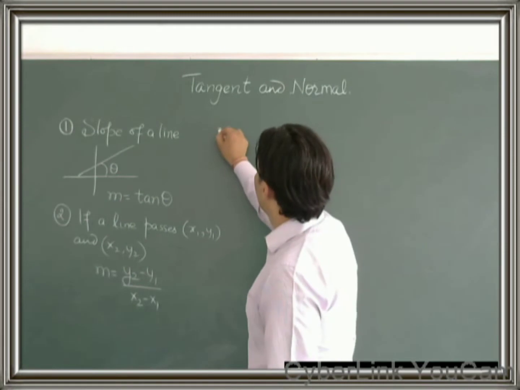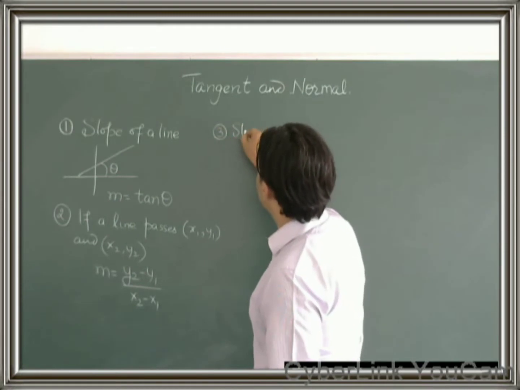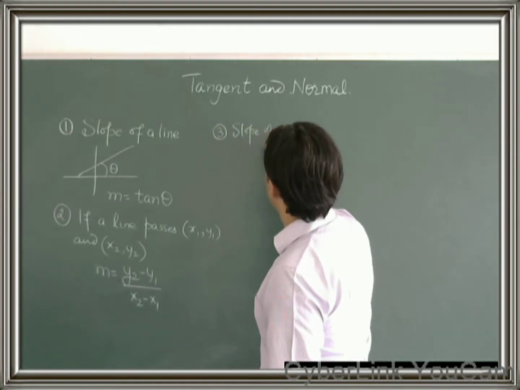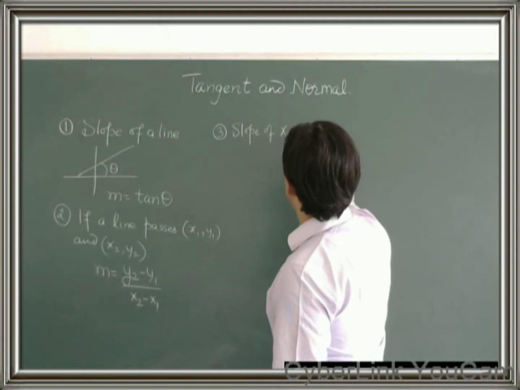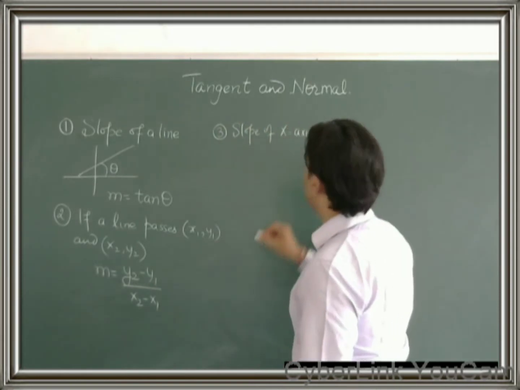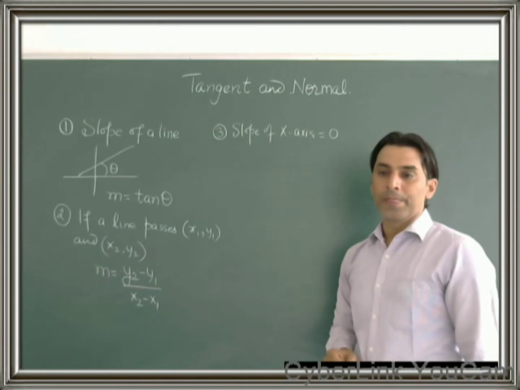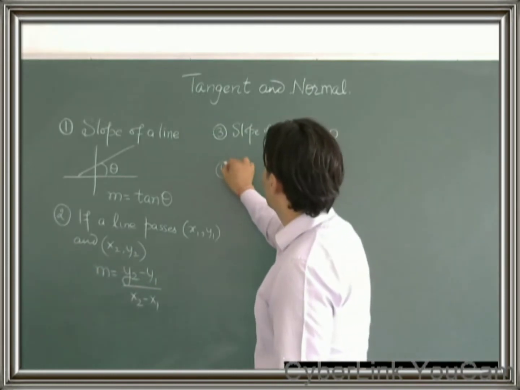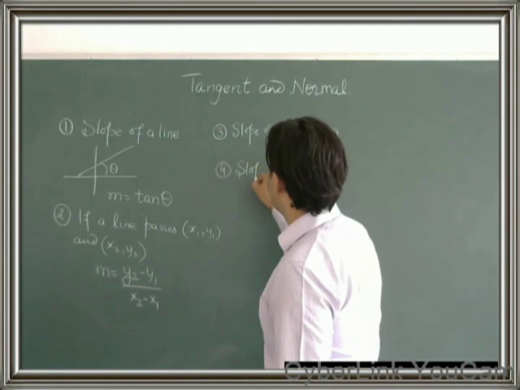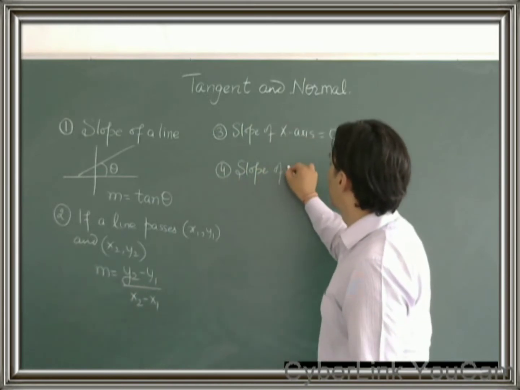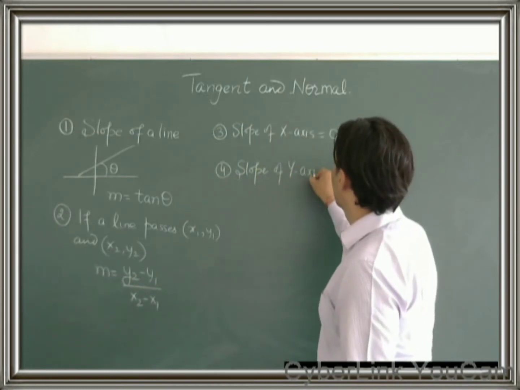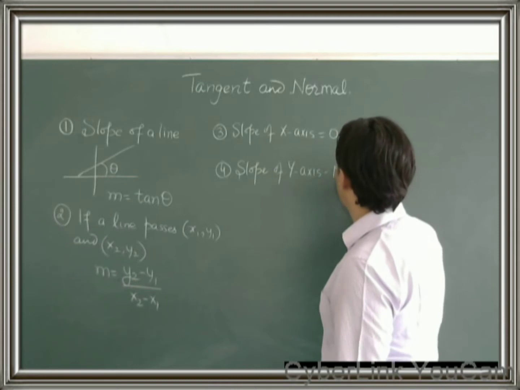Then slope of x-axis: x-axis has the slope 0. The fourth thing is the slope of y-axis, which is not defined.